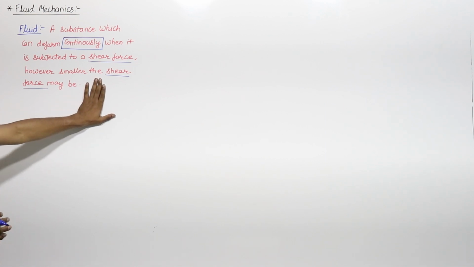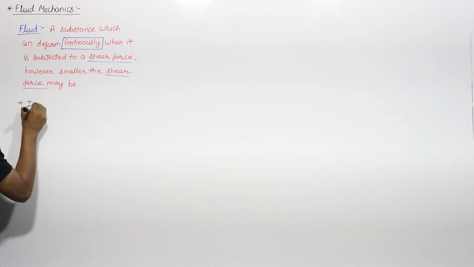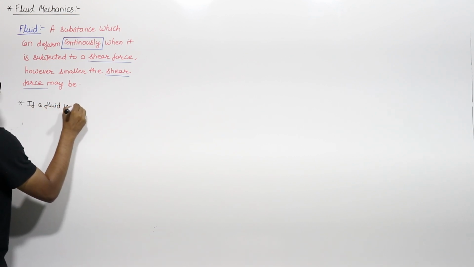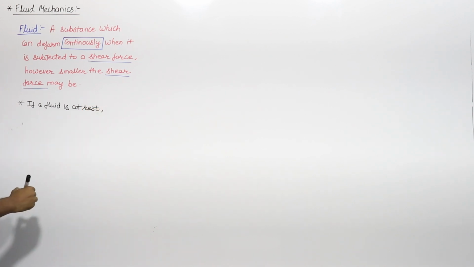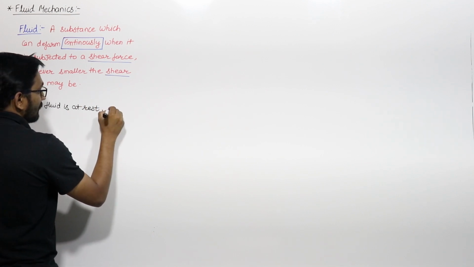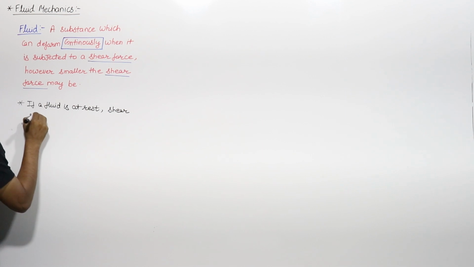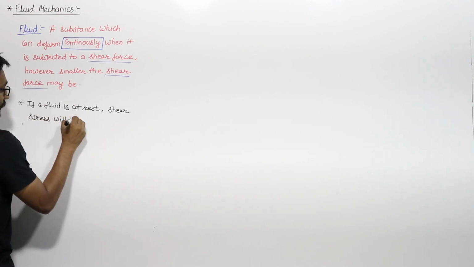However small the shear force will be. So we can say that if a fluid is at rest, that is, it is not moving, then at that time the shear stress will be 0.